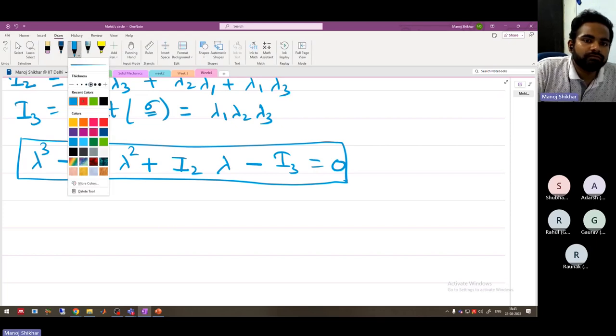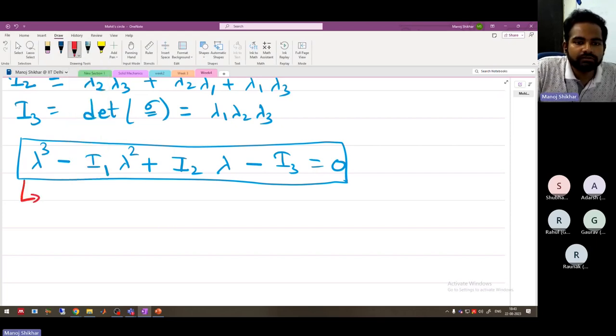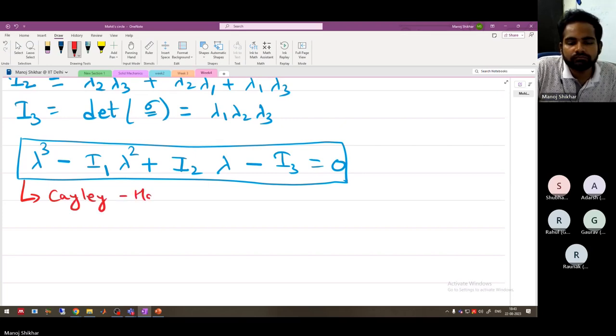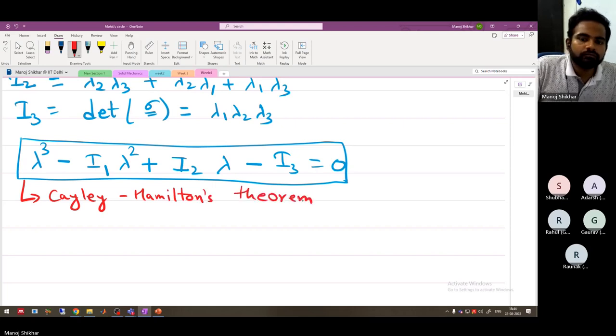One property of the Cayley-Hamilton theorem is that the parent matrix itself satisfies this equation.